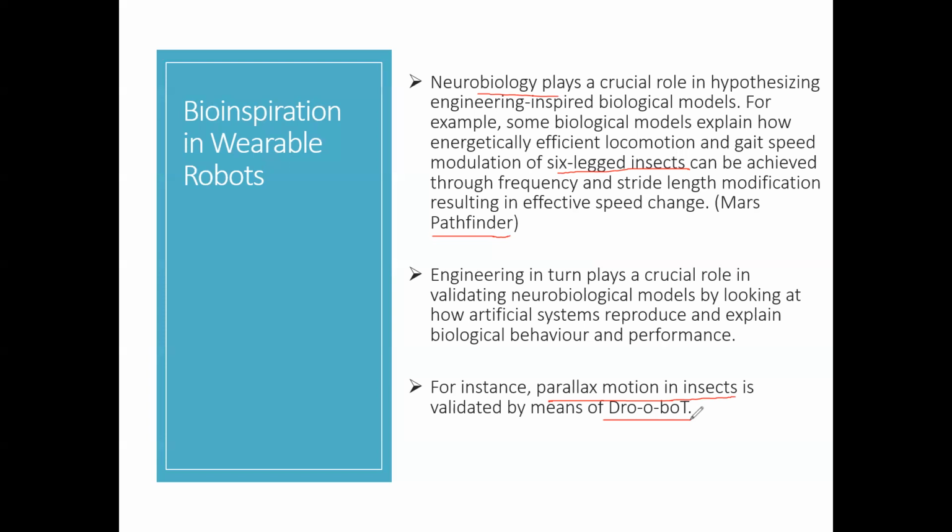For instance, if you're traveling in a train, what you observe is that things which are closer to you move faster, and things which are farther from you move slower. This is called parallax motion, and flies are very good at detecting it.